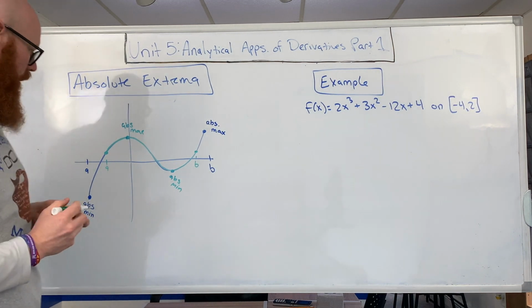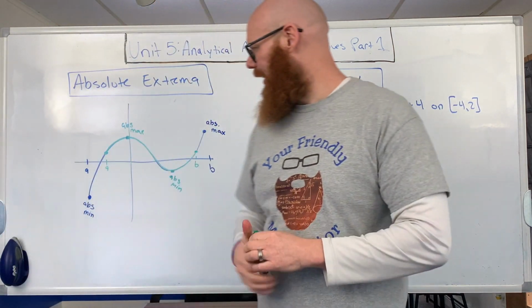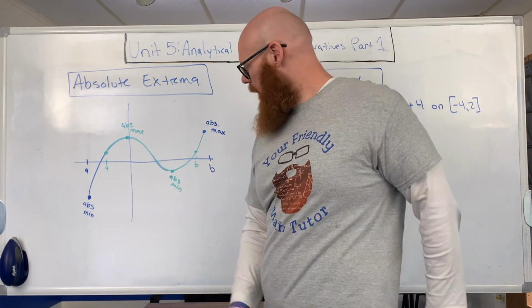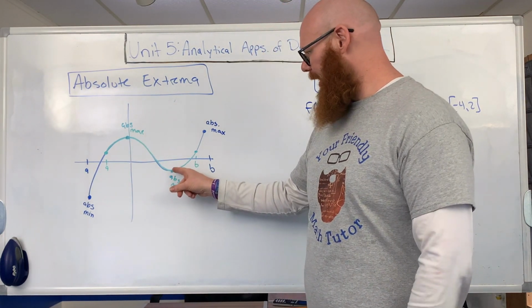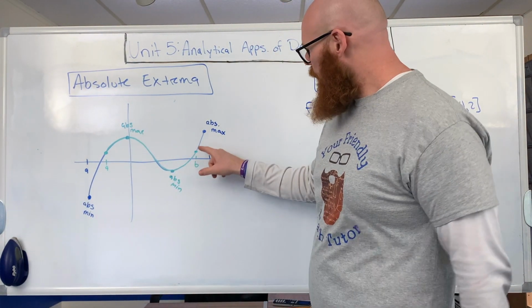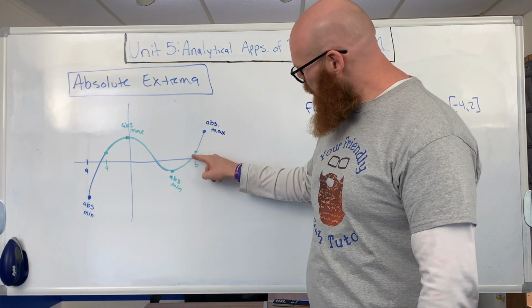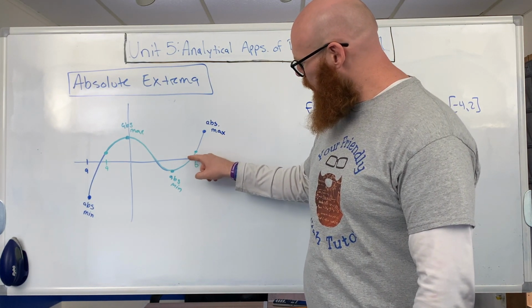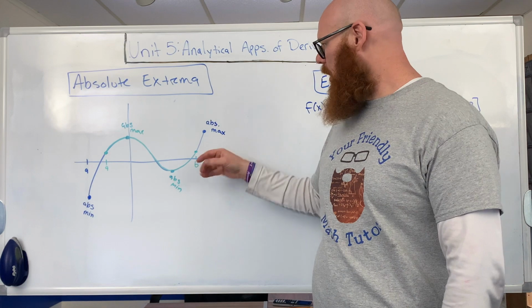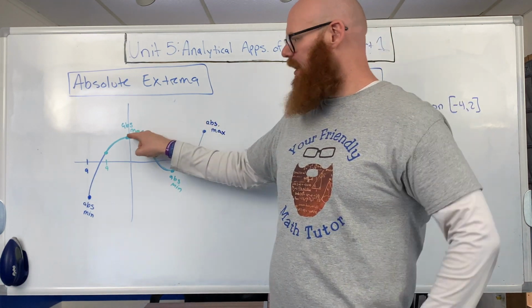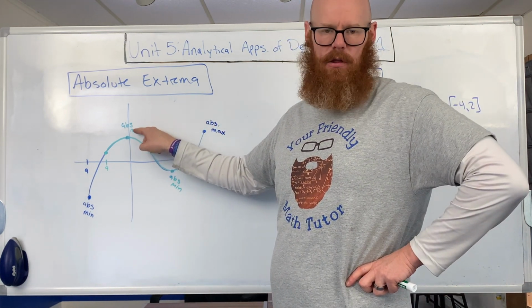So what just happened was the absolute max is occurring at a local max, and the absolute min is occurring at a local min. So the only way that we could have an endpoint be an answer is if the endpoint is higher than any of the local maxes.